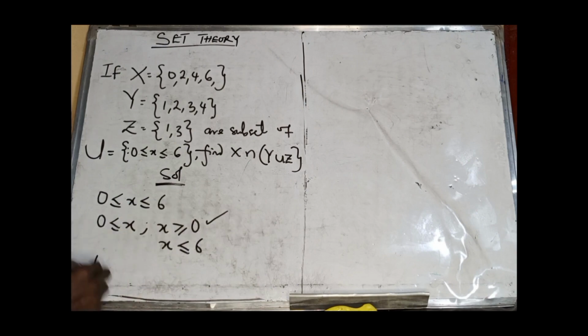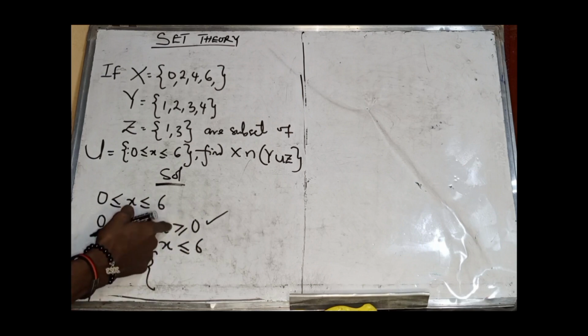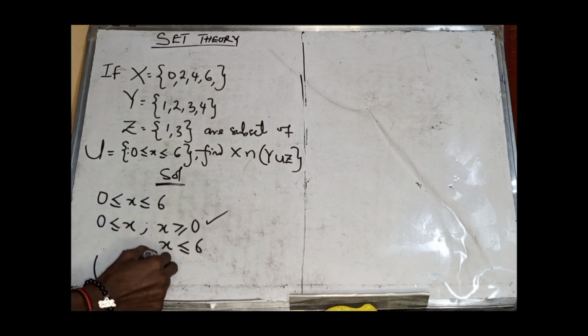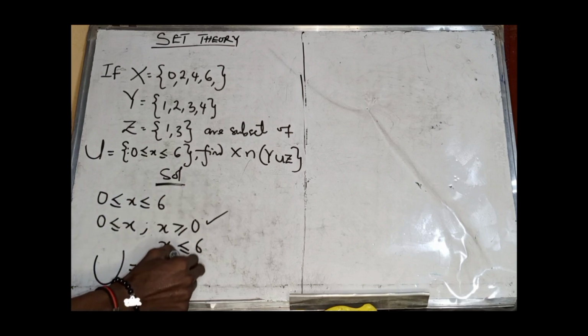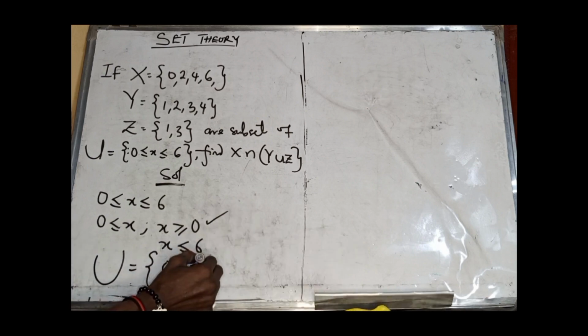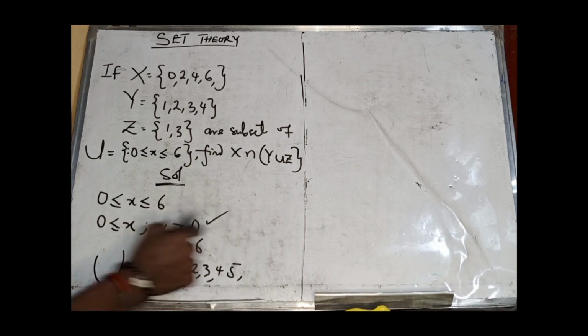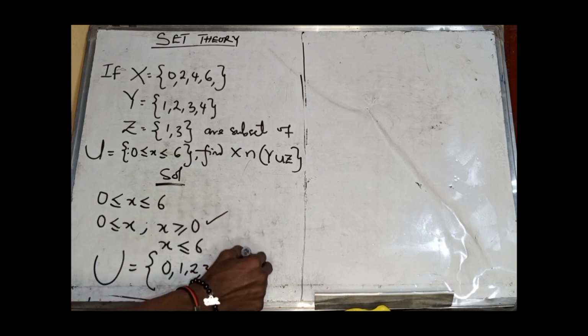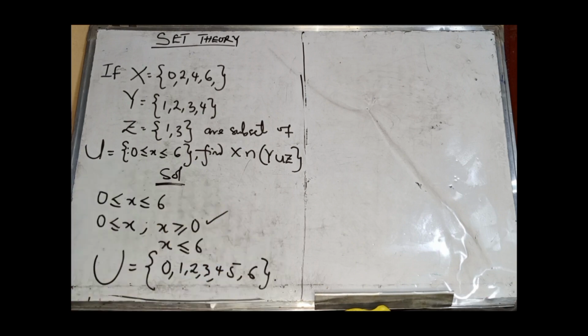So the universal set U becomes: x is greater than or equal to 0, which means 0 is included, then 1, 2, 3, 4, 5, and because I have less than or equal to 6, 6 should be included.